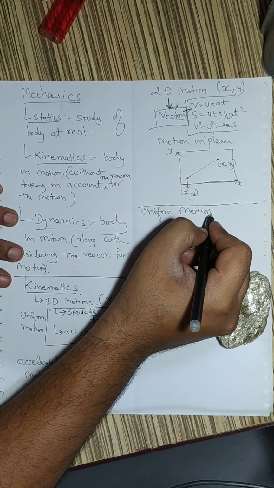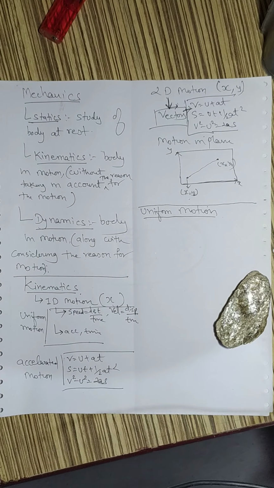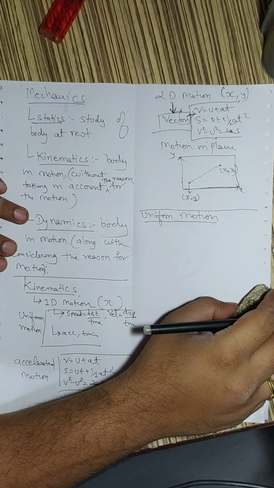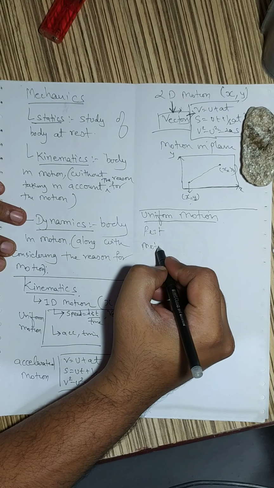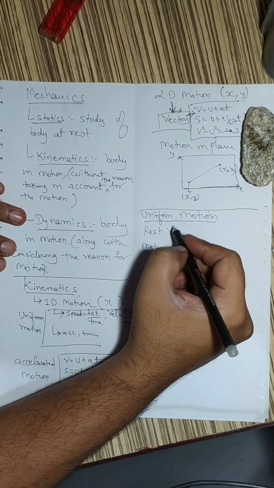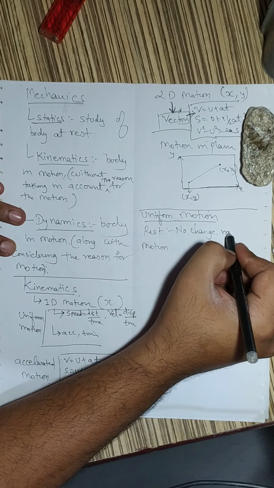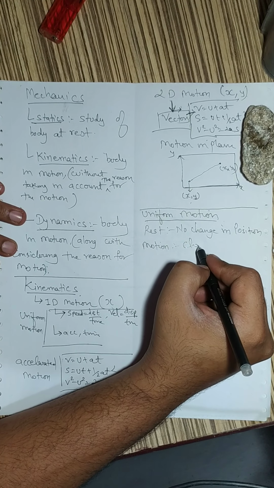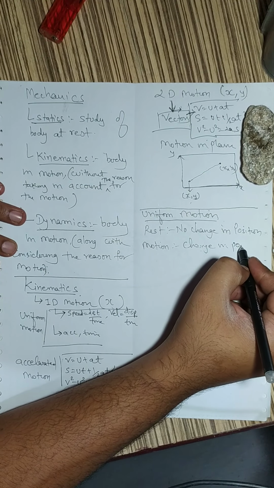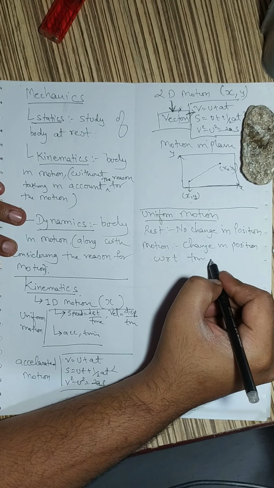The first topic in the kinematics that we study is uniform motion. You must be very well aware of these words: rest, motion. The word rest means no change in position, and motion means change in position with respect to time and surroundings.